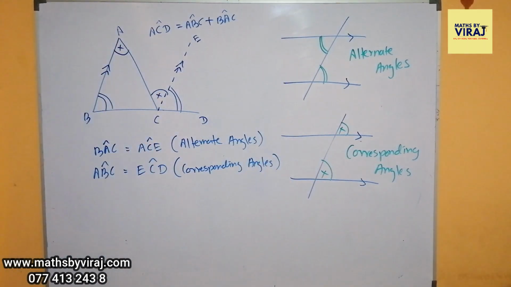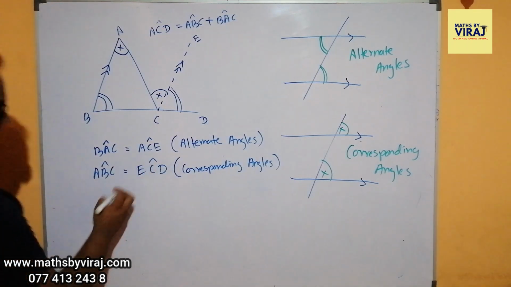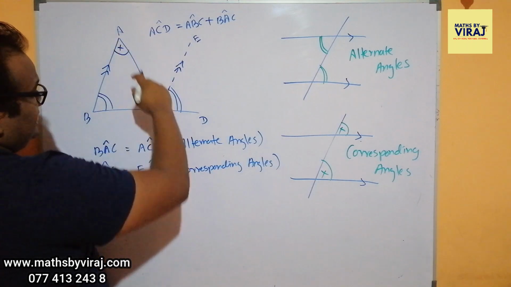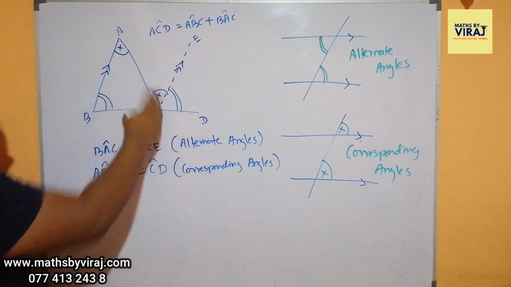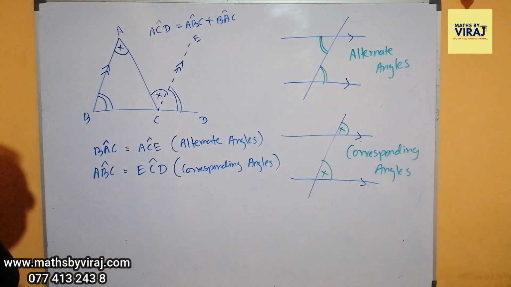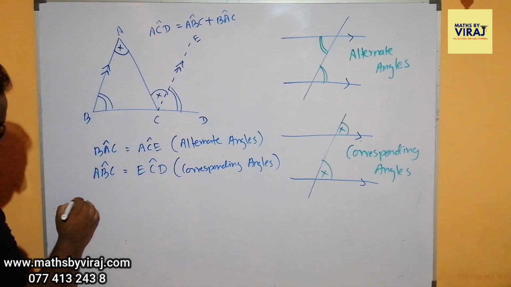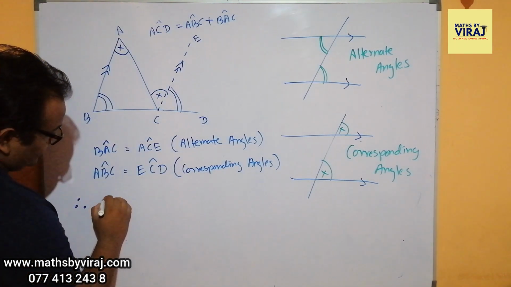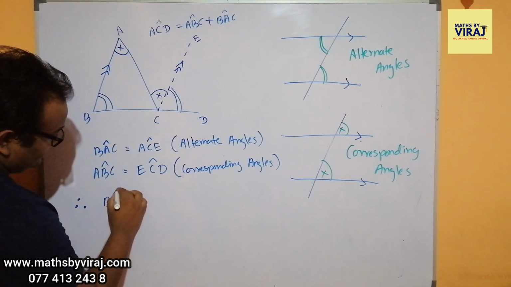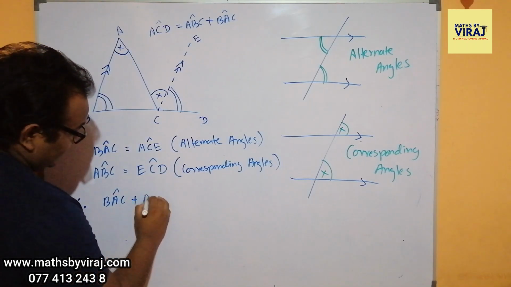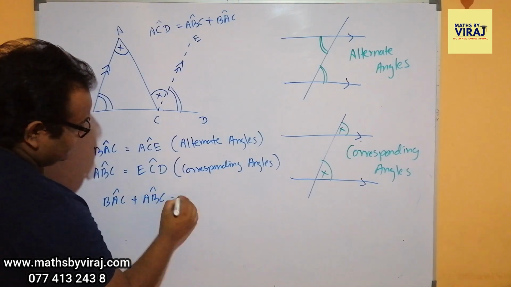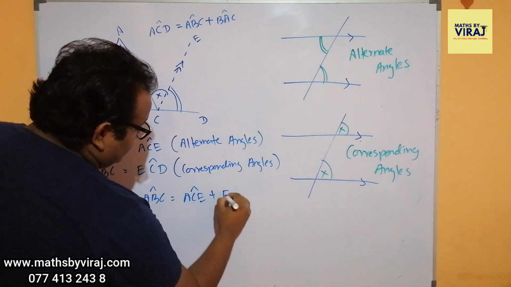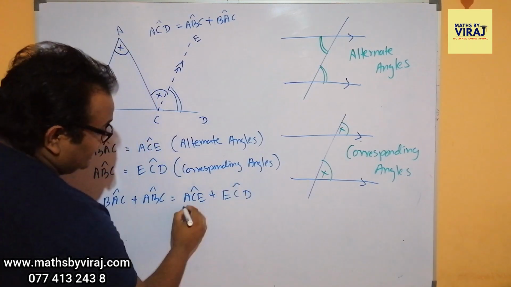Now, children, you should understand that angle ACE and angle ECD add up to form angle ACD. Therefore, I can write angle BAC plus ABC is equal to angle ACE plus ECD.